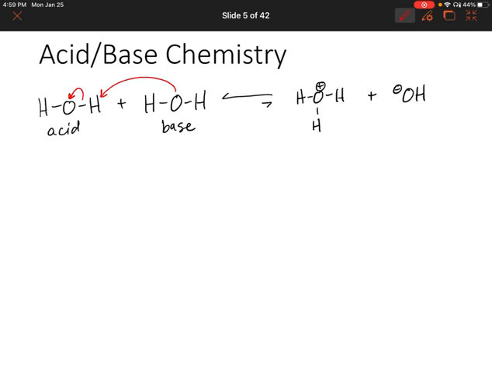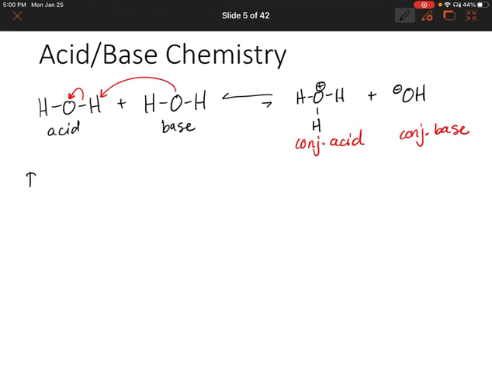Okay, now notice that the equilibrium arrows that I drew greatly favor the left-hand side of this reaction, so the water molecules. Why is that? So let's look at how acidic water is compared to the hydronium ion, which is our conjugate acid. So that means we need to look up the pKa values.